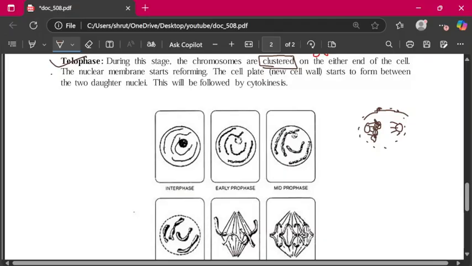And a new cell wall starts to form between the two daughter nuclei. In the case of plants, what happens is different, we will discuss it later.